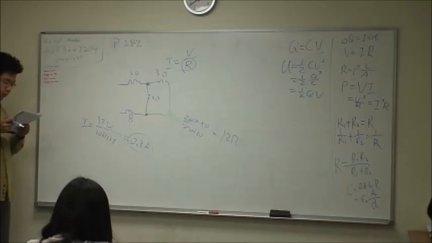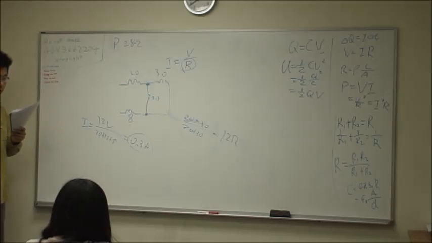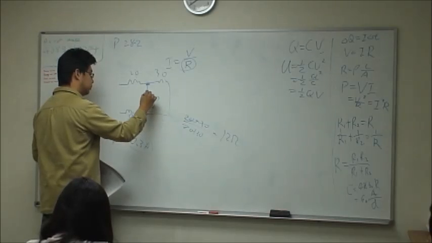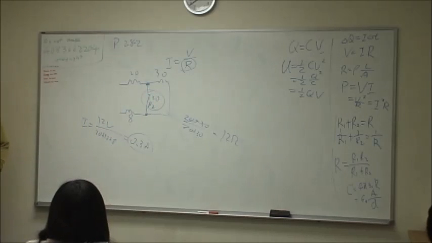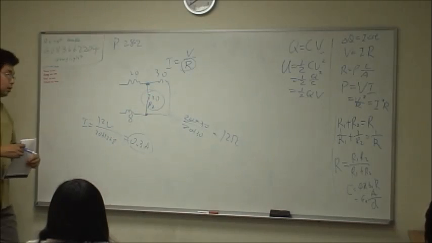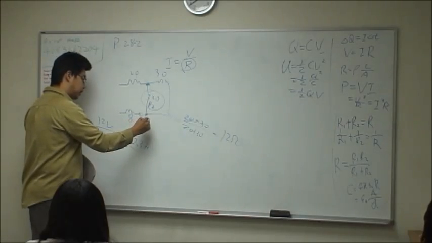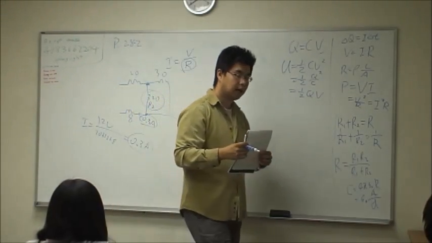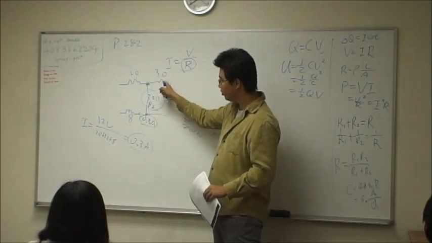Okay, part B, what's the current through R2? R2 is here. Okay. Here we have something else. The total current is 0.3 amp, and then the current will be split between these two.